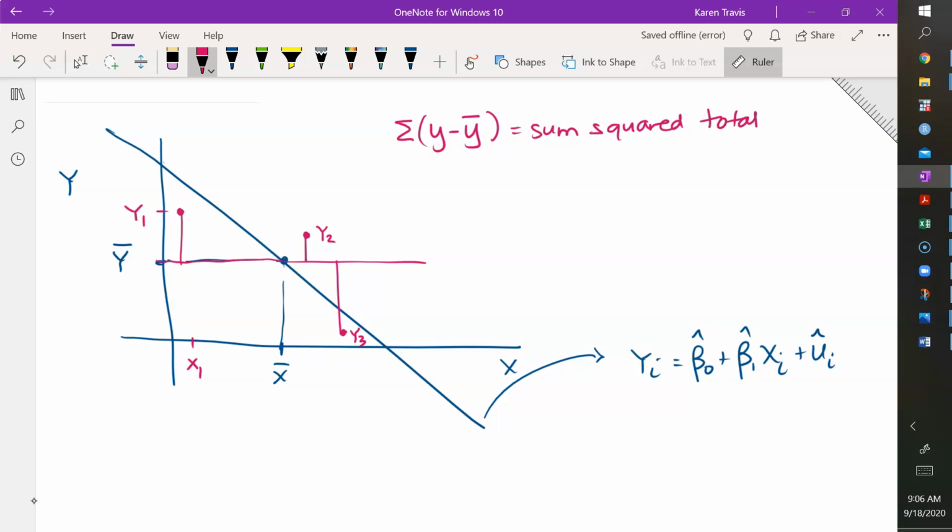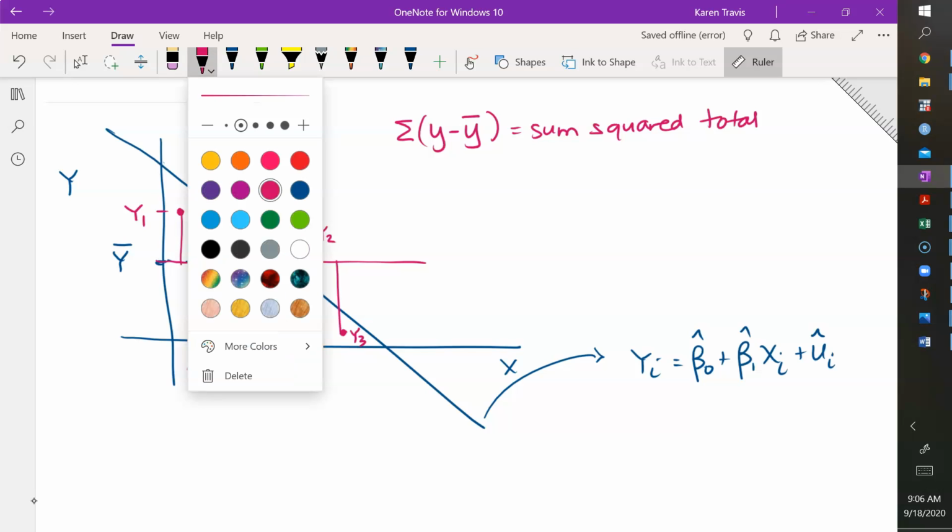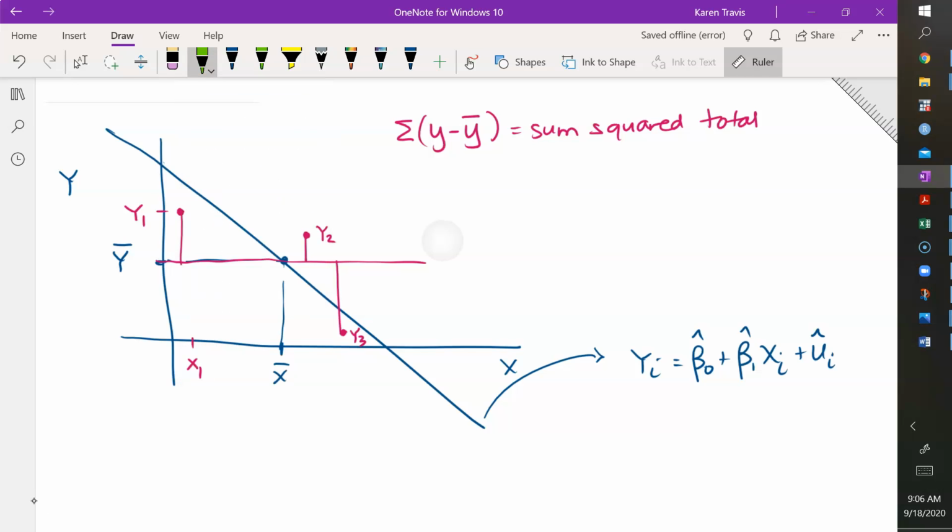So now let's look at another aspect of this model and what's happening. Let's choose a different color. Let's suppose we pick something completely different. So now let's look at each prediction. So this one is the actual prediction for x1 because it's on the line.